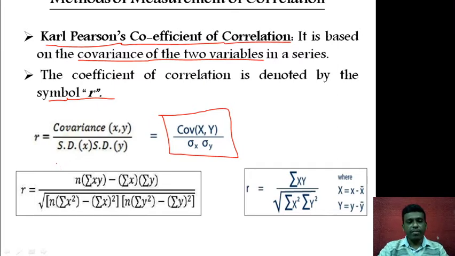Another formula which we can use, and which is normally used for your problems, is r equals n multiplied by summation of xy, minus summation of x multiplied by summation of y, divided by the square root of n into summation x square minus summation x the whole square, multiplied by n into summation y square minus summation y the whole square.